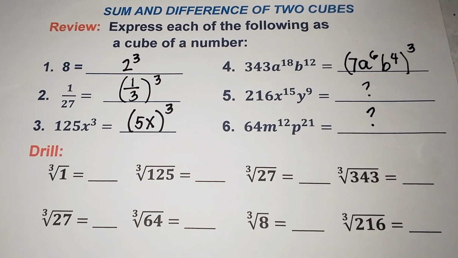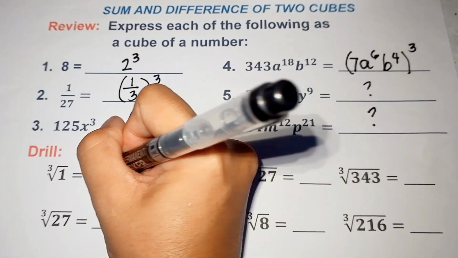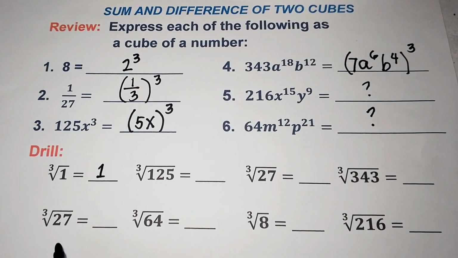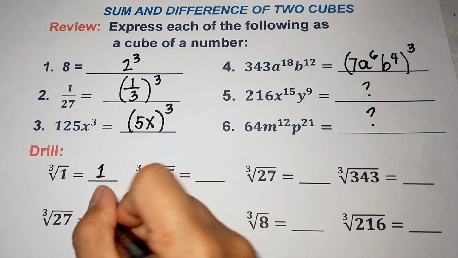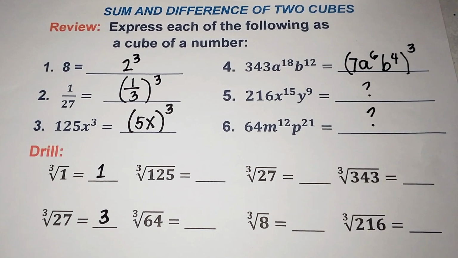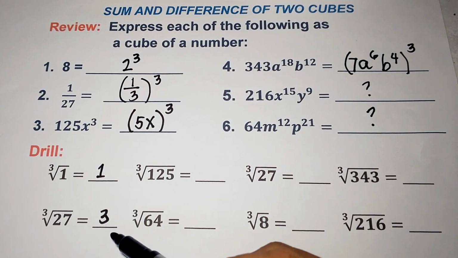Then we must also know how to find the cube root fast. So the cube root of 1 is equal to 1. The cube root of 27 is 3. Why 3? If you multiply 3 by itself 3 times, that will be 27, or 3 times 3 times 3 is 27.